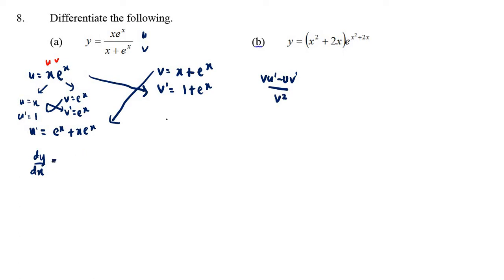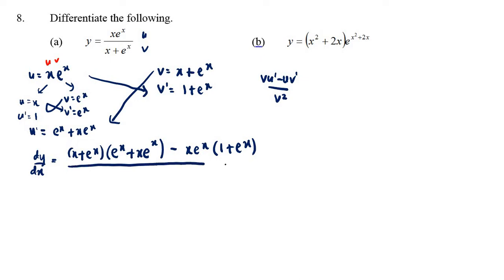So that is equals to v, our v is x plus e^x, and then times by u prime. So u prime we have e^x plus x e^x. Okay, and then minus x e^x times by 1 plus exponential x. Okay, so everything now we are using the quotient rule, so divided by v squared. So our v is (x plus e^x) squared.